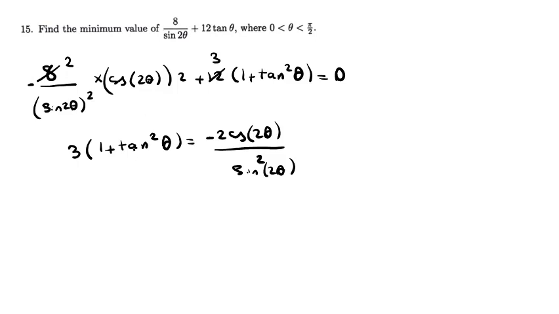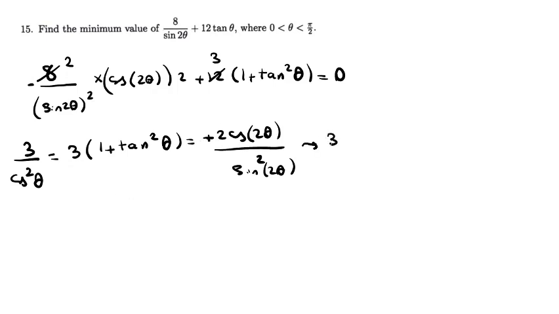Now we know that 1 plus tangent squared theta is 1 over cos squared theta, so here we have 3 times 1 over cos squared theta. Oh, sorry, because we take it to the right hand side, the sign will be positive.